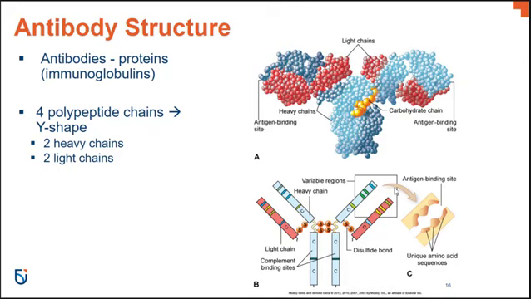These regions have the ability to take on different shapes so that they can bind to different types of antigens. So different naive B cells, different because they contain different surface antibodies, can then bind to different microbial antigens.